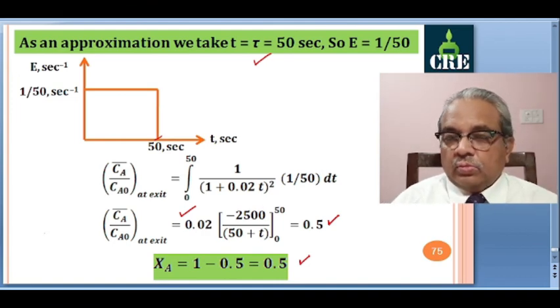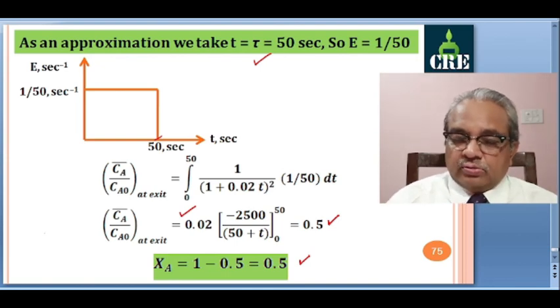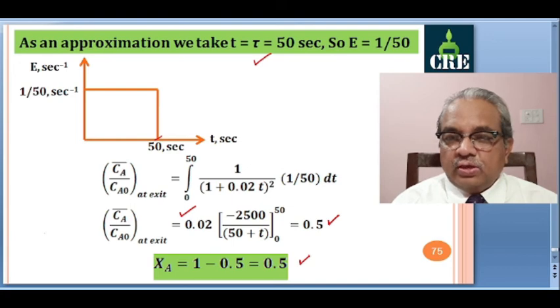So we have almost discussed and solved all the problems from the exercise of chapter number 11, and that completes our chapter on basics of non-ideal flow, in which we have studied how to plot the C curve, then the E curve, and then the F curve, the relationship between the F curve and E curve, and the mean time t bar, how to calculate it, that also we have seen, and based on the E curves, we have solved the problems from the exercise.